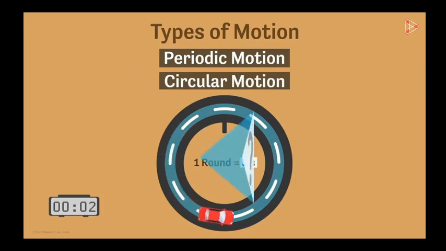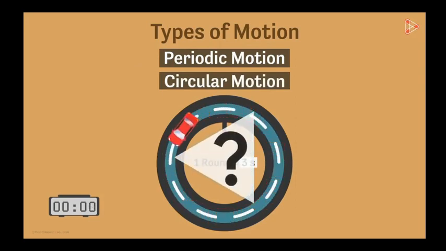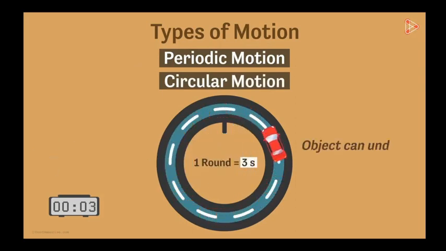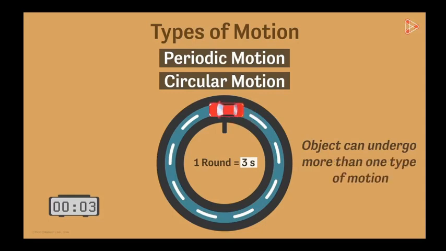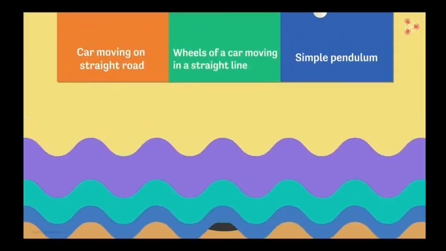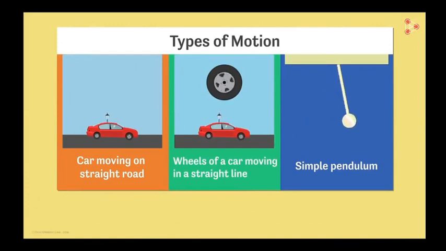So what can you conclude from this example? We can say that an object can undergo more than one type of motion at the same time. Here are a few examples of motion in our everyday life. Go through them well and tell me what type of motion each one of them represents. And note that one example could also have more than one type of motion.